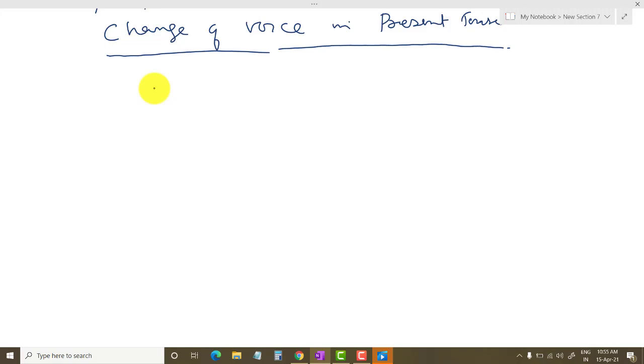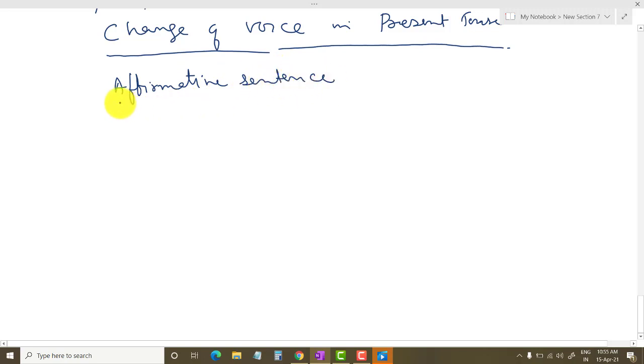You also know the tense, how it is changed. First of all, affirmative sentence. How we change active into passive in affirmative sentence?